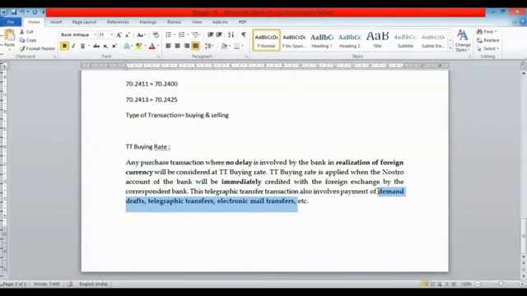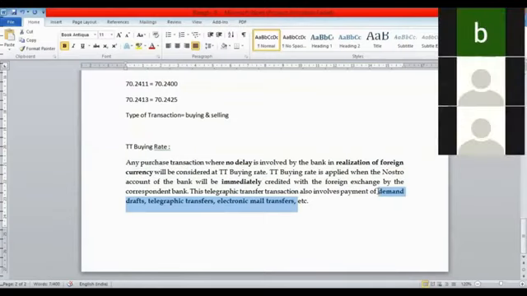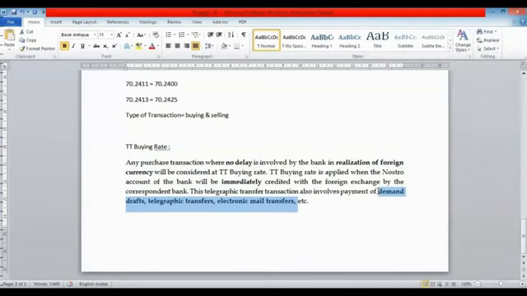I said that we will be having purchase and sale, and in both we will have TT buying and bill buying, TT selling and bill selling. In purchase transaction, we will have TT buying and bill buying. And when we discuss the sale transaction, we will have TT selling and bill selling rate.